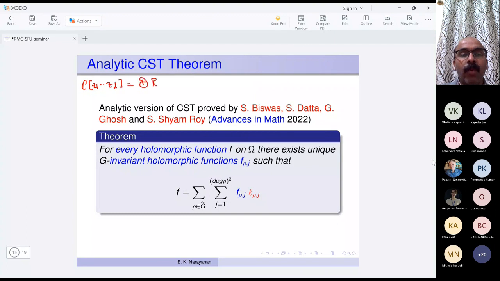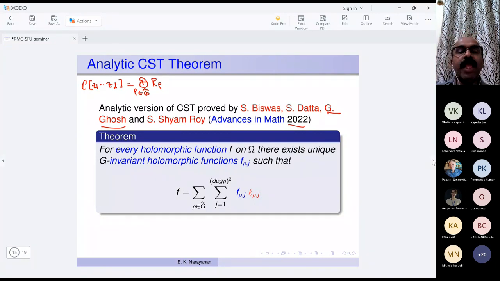So we called it R_rho, where rho is in G hat, right? So these four young mathematicians from India, Biswas, Datta, Gargi Ghosh. Gargi Ghosh is the co-author of whatever I'm talking about, and Subrata Shyam Roy, which appeared very recently, just last year, proved this for all holomorphic functions.